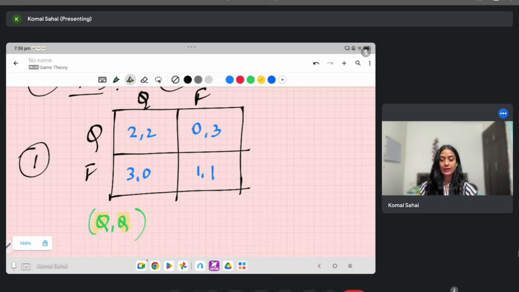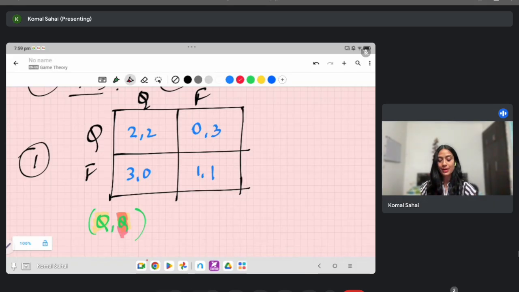So first of all, let's think from the point of view of player 1, right? If player 2 is choosing the action that is specified by this action profile, then can player 1 benefit from deviating, right?